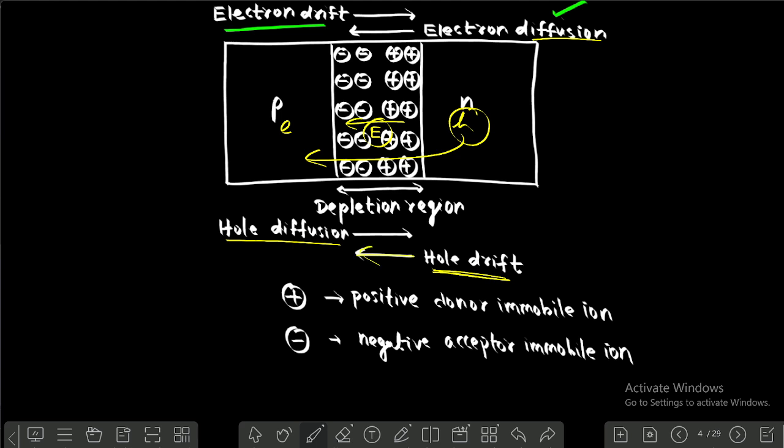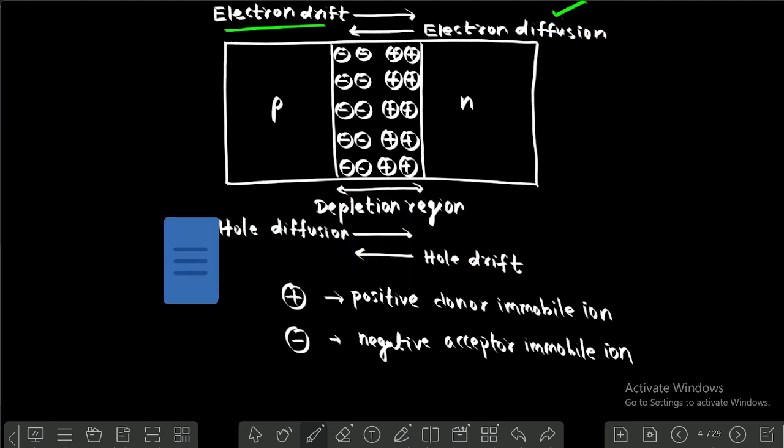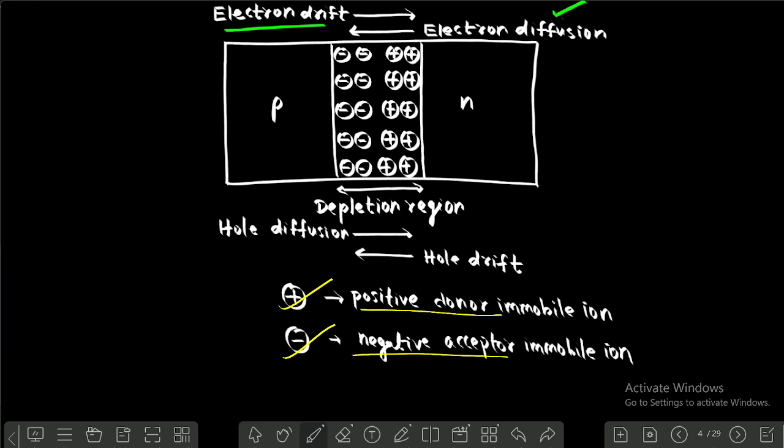This diffusion and drift will continue until both the currents become the same. The positive charges written here are positive donor immobile ions, and the negative are negative acceptor immobile ions. So remember this diagram.